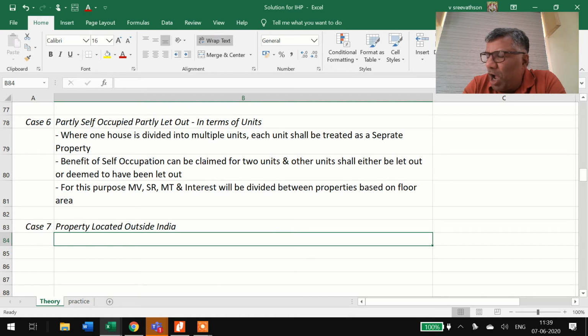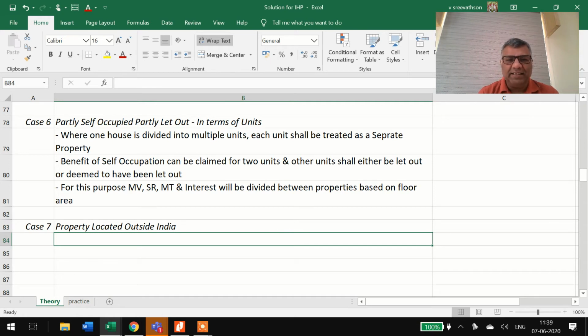However, for RNOR and NR, it will become taxable if they satisfy the receipt test. So if rent is received in India, that is the answer.